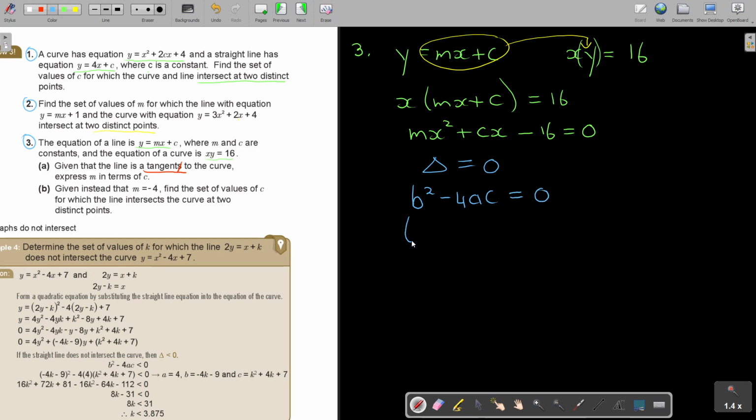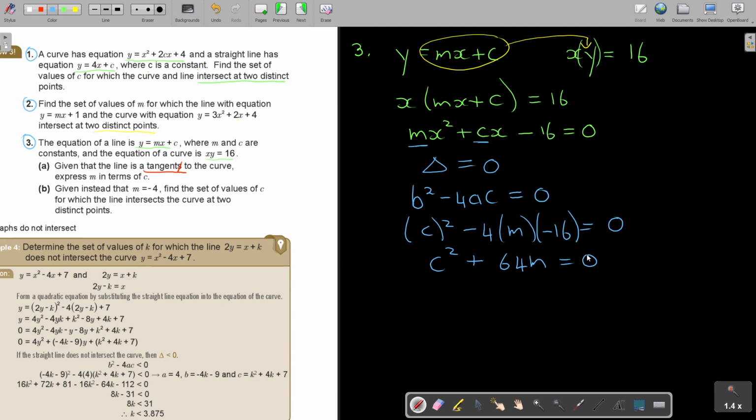So in the place of that, it's going to be c squared minus 4ac, and that is going to be equal to 0. So this is c squared, and then if I'm going to say 4 times 16, it's positive 64m, and that's 0. But now express m in terms of c.